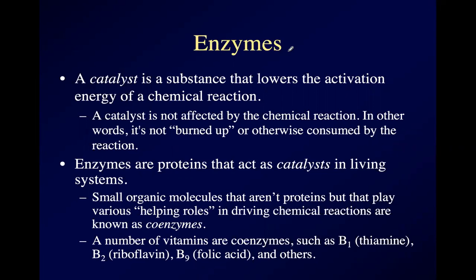And we call those coenzymes, and a number of vitamins, notably several of your B complex vitamins, are actually coenzymes. They're not actual enzymes, but they assist various chemical reactions to happen.